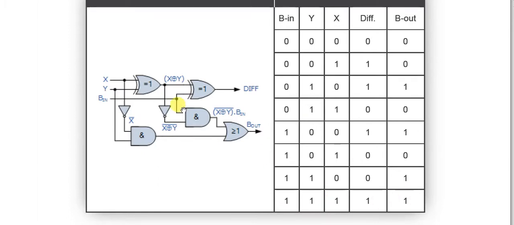These are actually obtained, the difference is obtained from this whole logical operation. Okay, the expression we have already given, and borrow out is obtained from this expression. The difference is obtained from this whole expression.